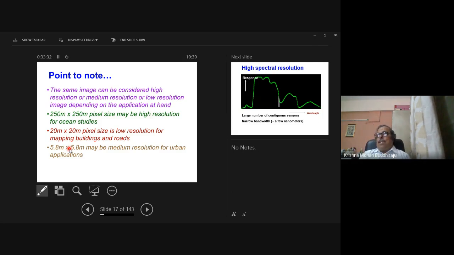We don't have any in the world of good resolution, but hyperspectral cameras are available that can be mounted on drones, and you can get these images for any area of your choice with pretty good spectral and spatial resolution.